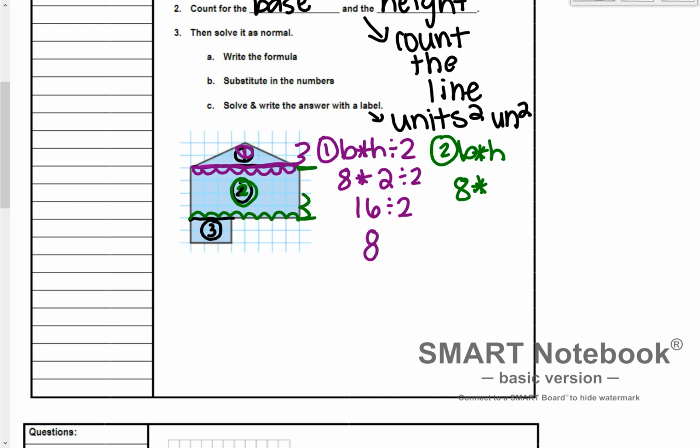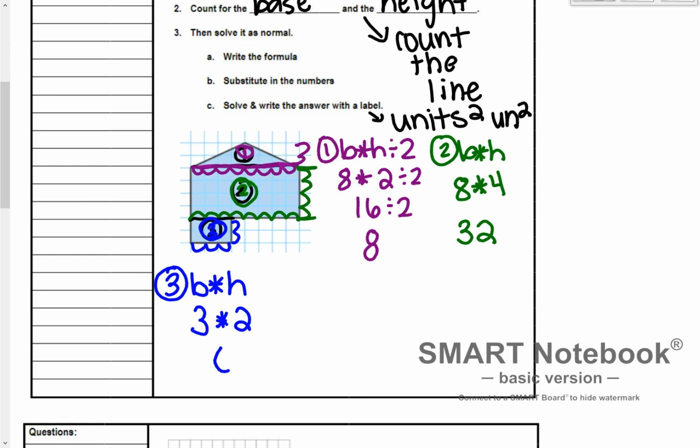So 1, 2, 3, 4. 8 times 4, 32. Last but not least, I have my rectangle down at the bottom, which I'm going to do in blue. Rectangle, so it's base times height. We have 1, 2, 3 times 1, 2.